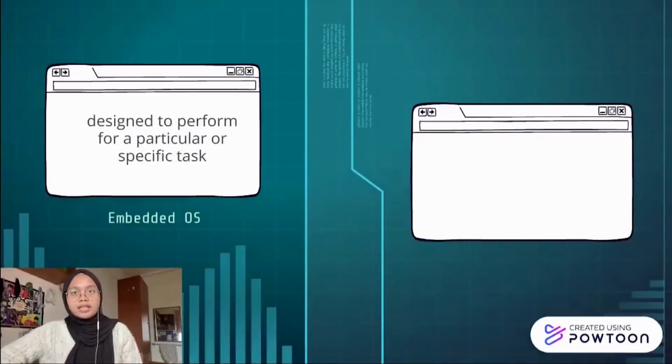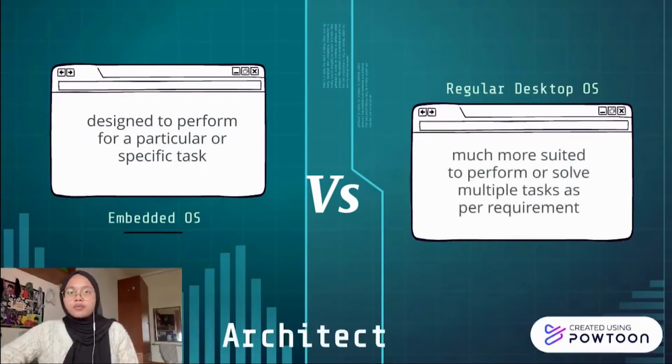Compared to embedded, regular desktop OS can be programmed to perform or solve multiple tasks as per requirement. Users or devices can interact with them in a variety of ways to fulfill all the required needs. The capability to run many different pieces of software allows a regular desktop OS to be versatile with the type of tasks it can perform.